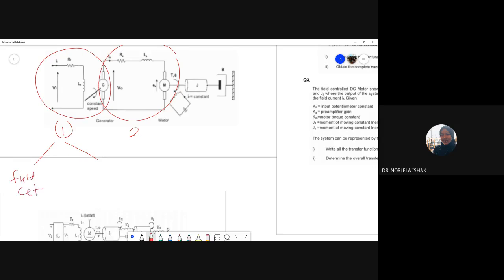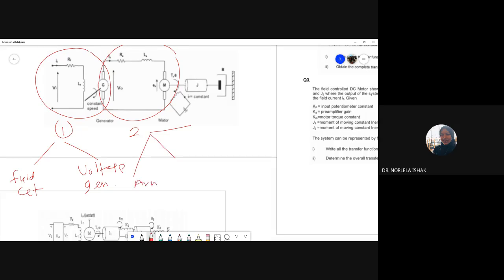Right? The second one, from the armature, you can define your voltage. Voltage what? Voltage generator. From system number 1.